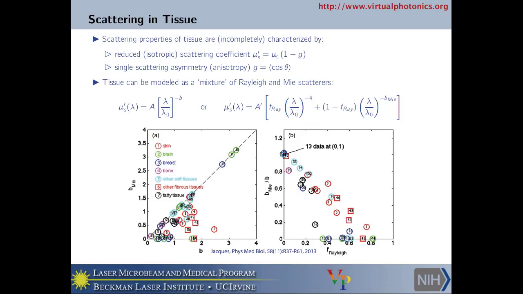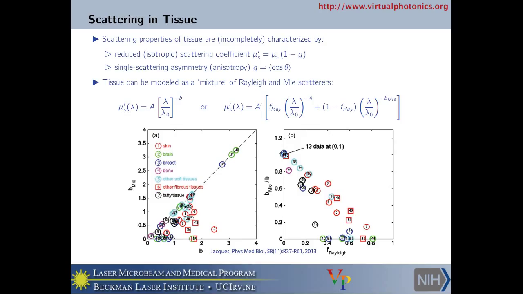The reason why μs prime is helpful is that it brings particles which have different phase functions onto an equal playing field. You may have a large μs, you may have tons of particles, Mie particles for instance, that give you a large μs, but if their G is very high because they all scatter forward, with a G close to 1, they don't do a very good job of randomizing the direction of the propagating light because they only deflect the light very moderately.